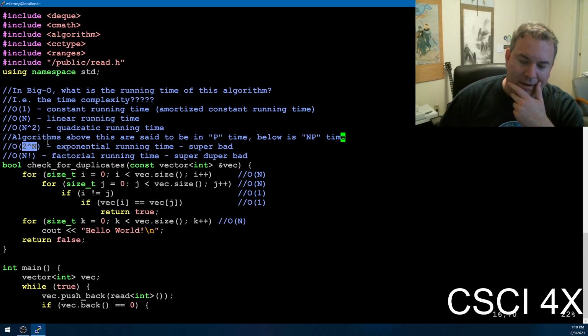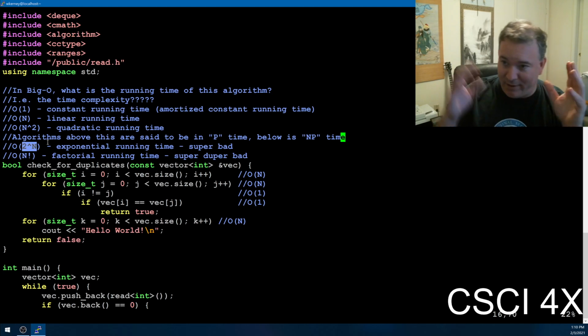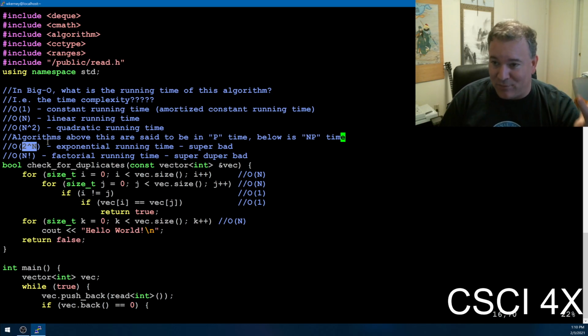An example of a factorial algorithm would be brute force shuffling or sorting. Let's say you have a shuffled deck of cards and you want to sort them by face value and suit. One way you could sort the deck is to randomly shuffle it and see if it's sorted. If it's not, shuffle it again, try a different shuffle this time.